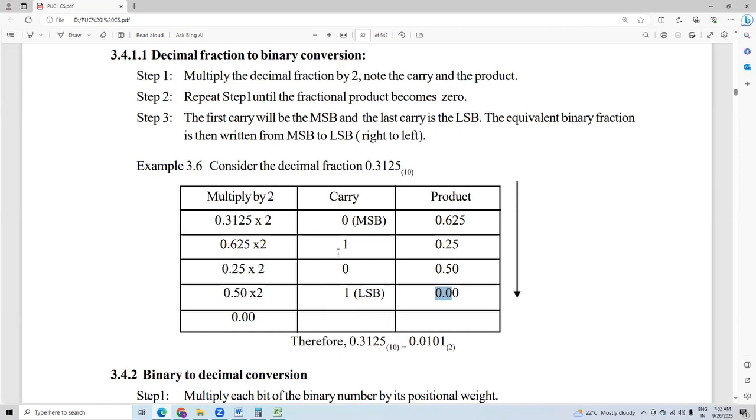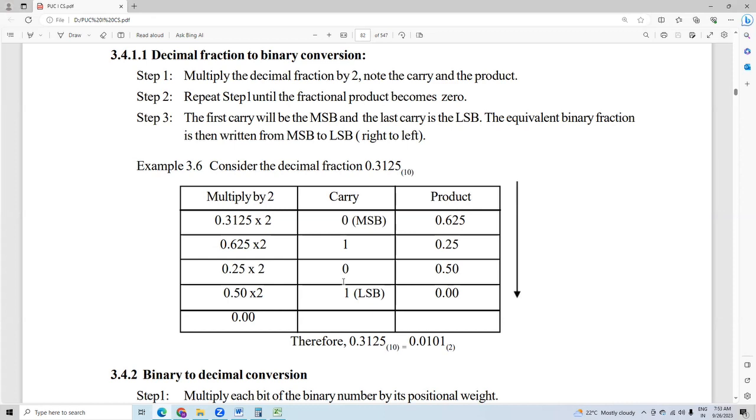See, you have to take MSB to LSB. That is 0101. This is taking the binary digits. This is the reverse process for a number without a fraction part. With the fraction part, the first carry itself is considered as MSB, and the last carry is considered as LSB.